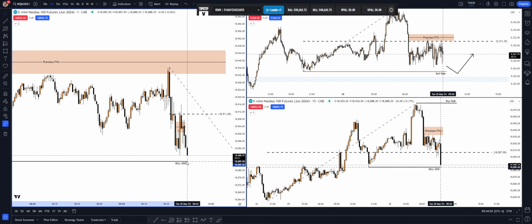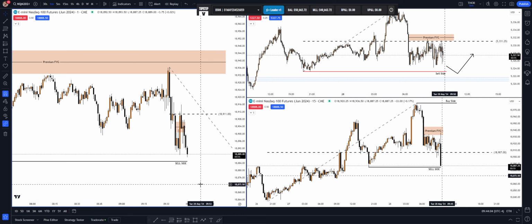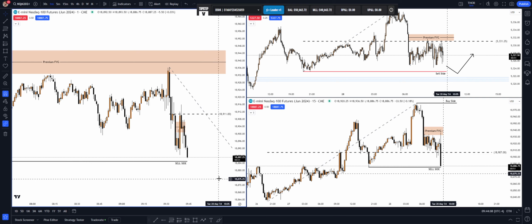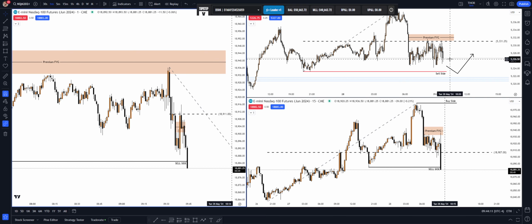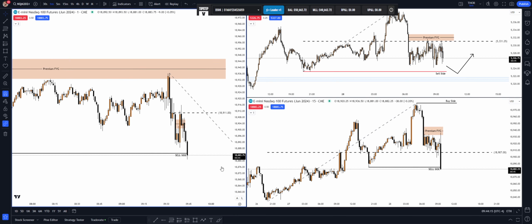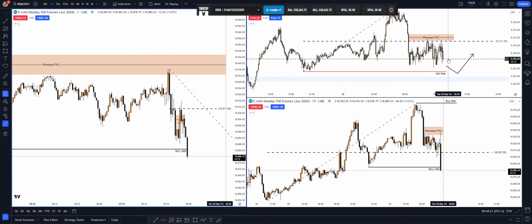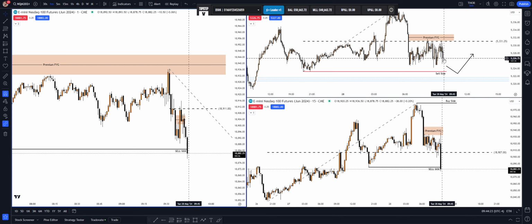Alright, I'm sorry, Nasdaq is about to tag the sell side. ES is still in the range. So the problem here is that ES stayed strong, and I want to see sell side on ES as well.